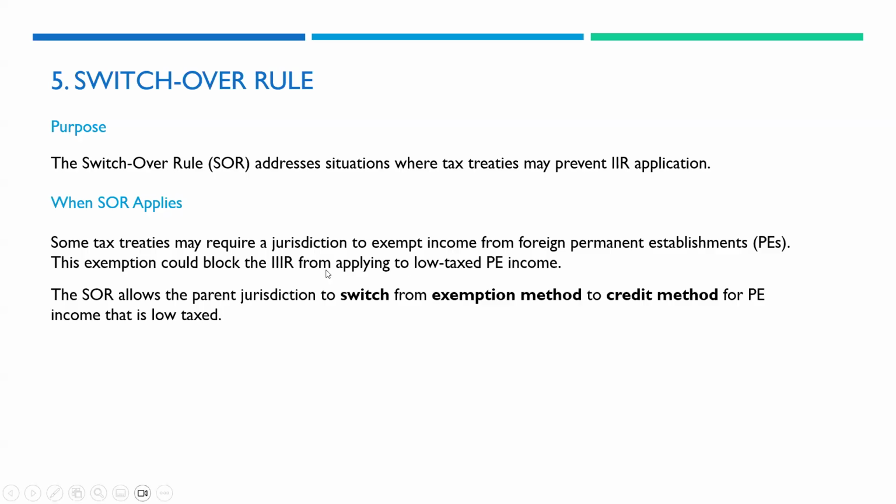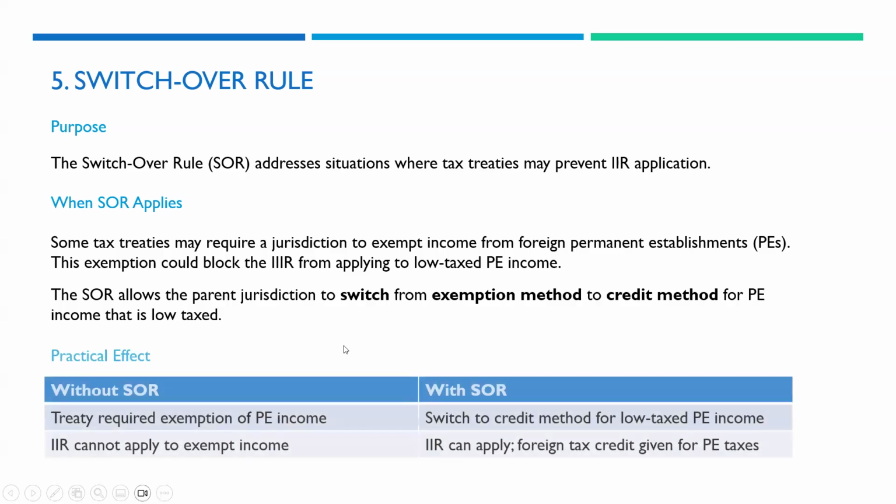And so this would prevent IAR from application. So what is the solution? If the domestic IAR regulation has a switchover rule, the SOR allows the parent jurisdiction to switch from the exemption method to the credit method for PE income that is low tax. In such a scenario, you can pay IAR. It still becomes legal that you pay IAR.